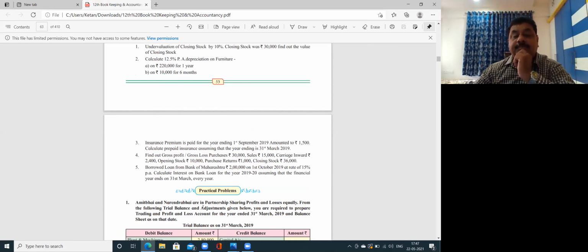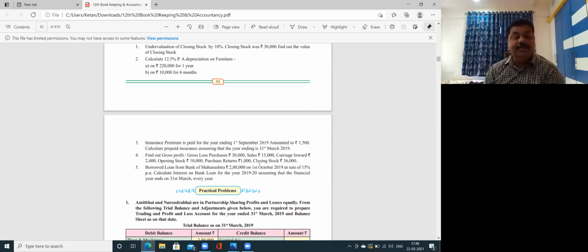Insurance premium is paid for the year ending 1st September 2019, amounted to 1,500. Calculate prepaid insurance assuming that the year ending is 31st March 2019. Now from 1st September 2019, it is paid for 1 year. If payment is made on 1st September, when will its year end? On 31st August.